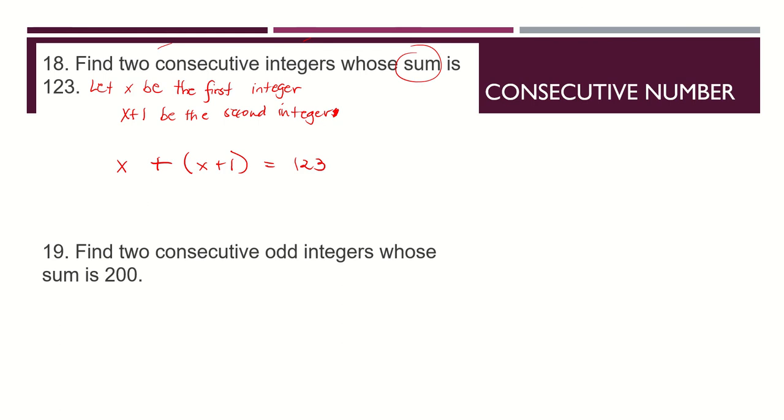Okay, so ito kaya nyo na itong isolve agad, diba? So, adding the similar terms, x plus x is 2x plus 1 equals 123. 2x will be equal to 123 minus 1. Yan. So, 2x equals 123 minus 1 is 122.